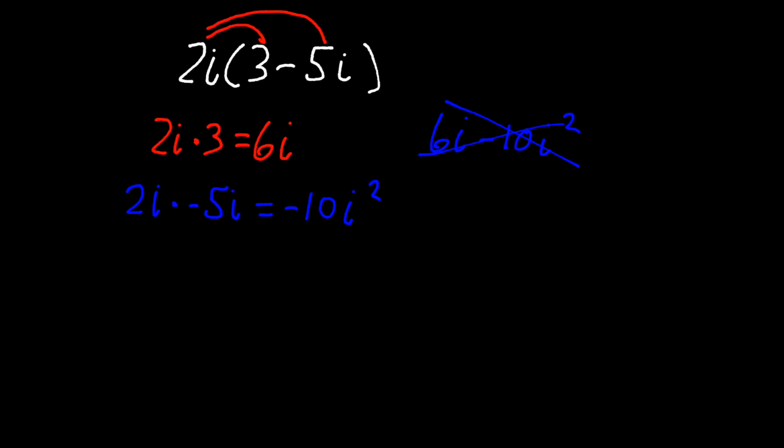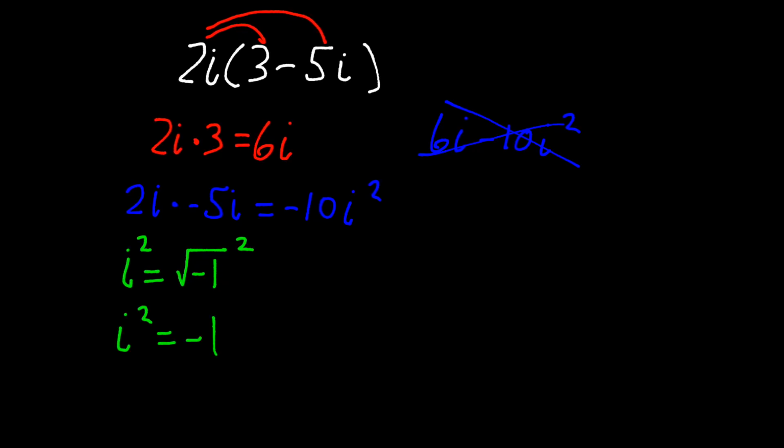And we might think, oh, my answer is 6i minus 10i squared. But that is not correct. The reason it is not correct is because we can't leave it as i squared. What would i squared be? If we remember that i is the same thing as the square root of negative 1, then if I square both sides, i squared is equal to negative 1.